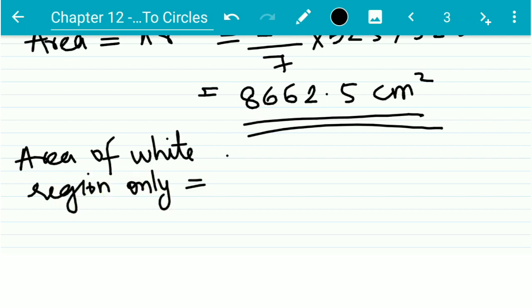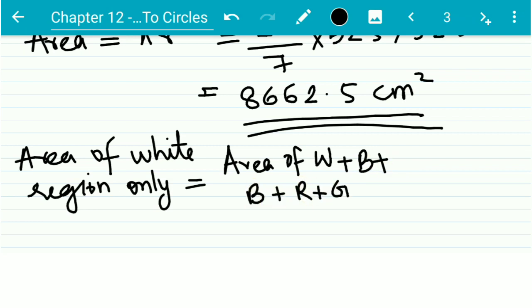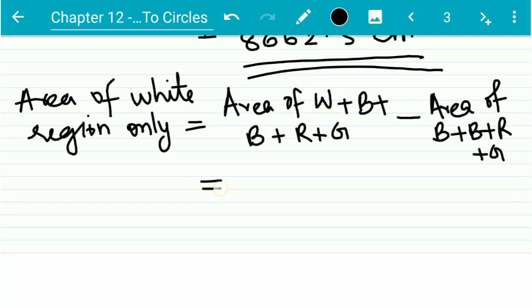only equal to area of white plus black plus blue plus red plus gold minus area of blue, black, red, gold. So area of white, blue, black, red, gold is what?